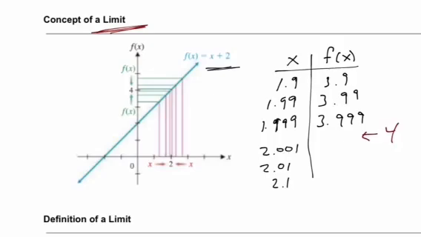And again, if x is 2.1, x plus 2 is 4.1, and 4.01 and 4.001. So our values, again, are getting closer and closer to 4. And so we say the limit as x approaches 2 of x plus 2 is equal to 4.